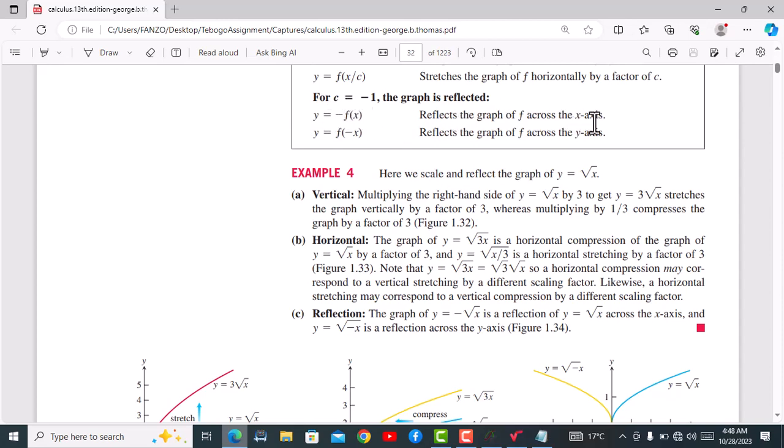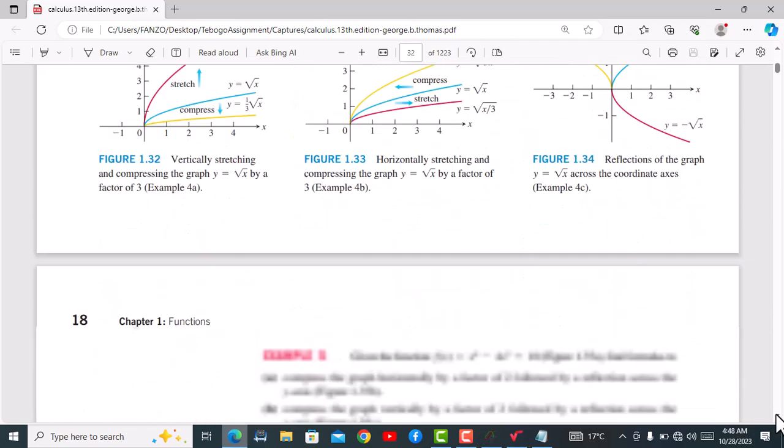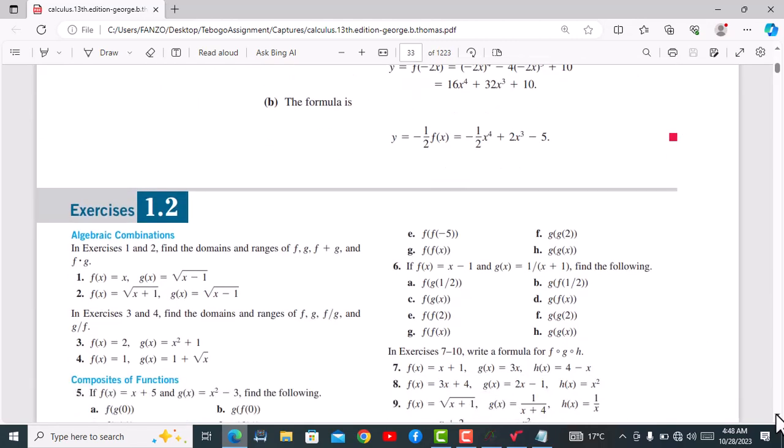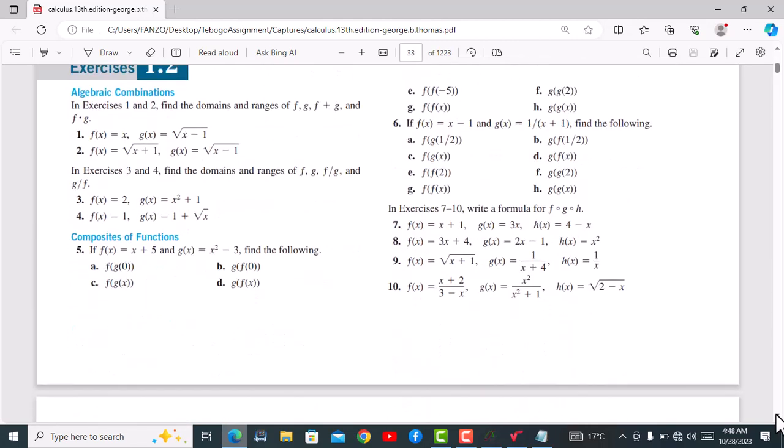So reflection, y equals minus f of x reflects the graph of f across the x-axis, because if you reflect across the x-axis, only the value of y changes sign. Reflecting the graph across the y-axis, only the value of x changes sign. I'm not going to deal with that, and I'm also not going to deal with this.